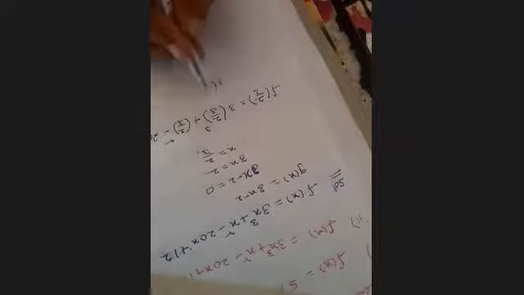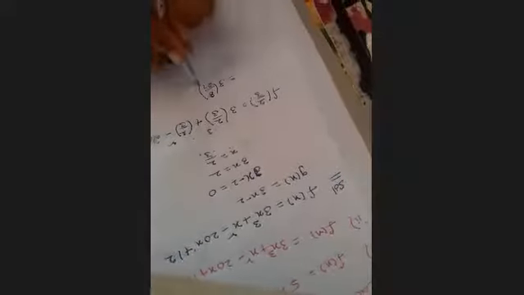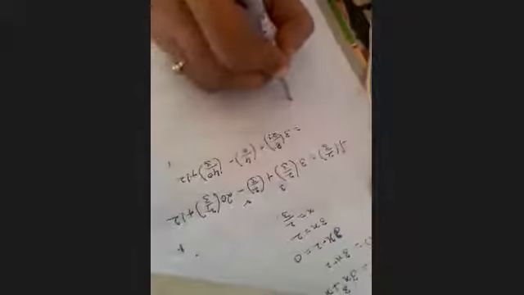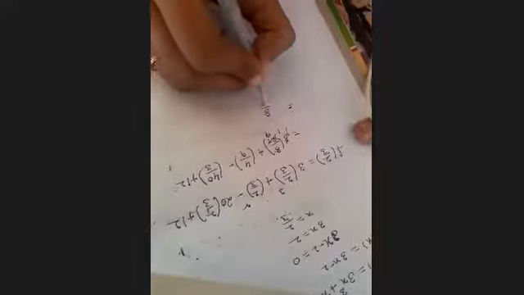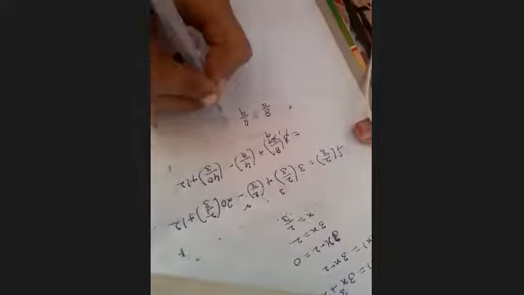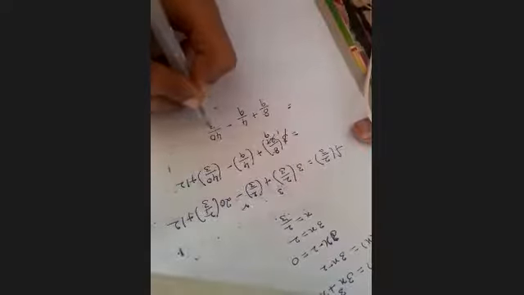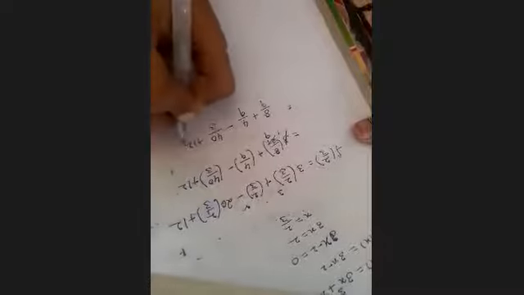Three into 2 cube means 8 by 27, plus 4 by 9, minus 40 by 3, plus 12. So 3 ones, 3 nines. So 8 by 9 plus 4 by 9 minus 40 by 3 plus 12.